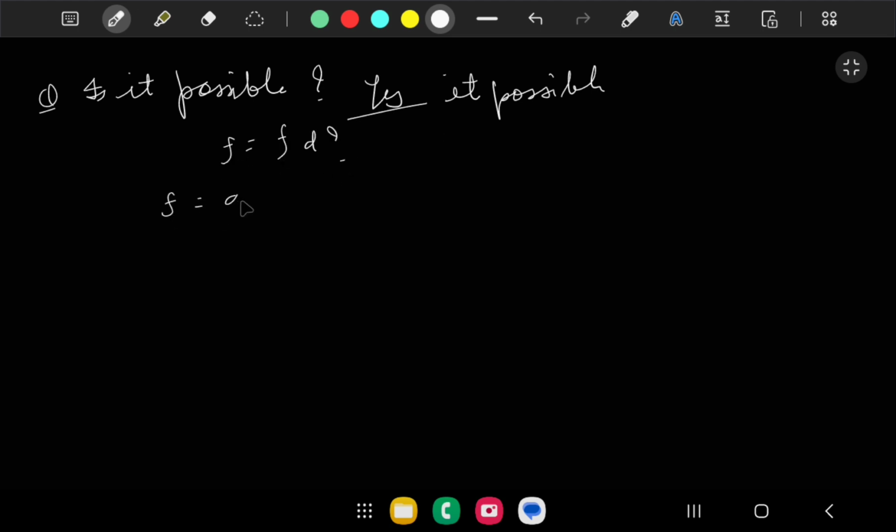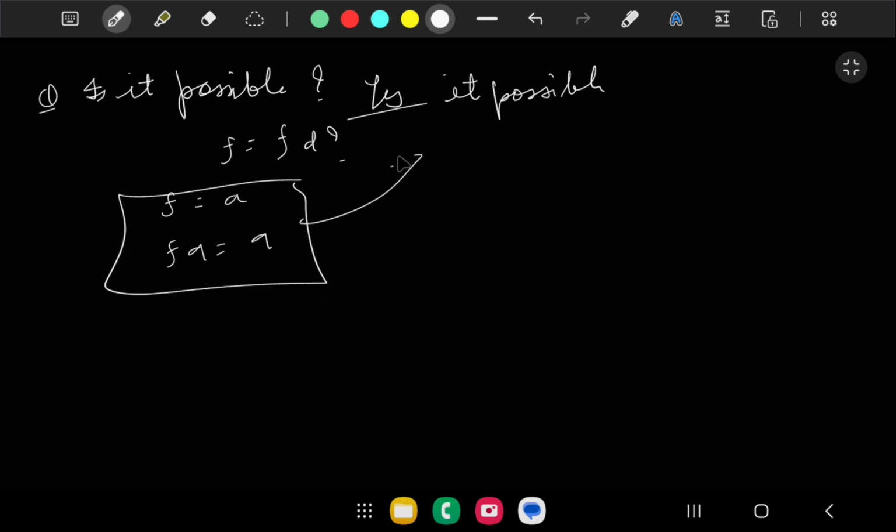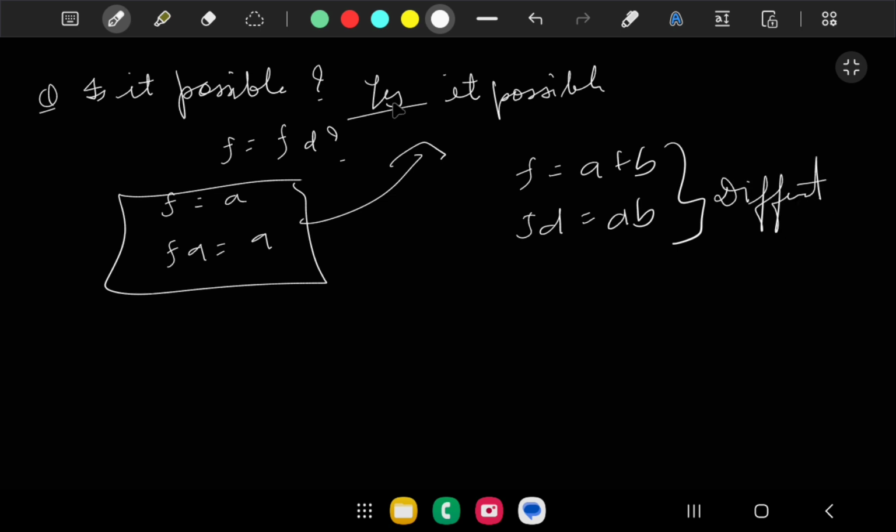If f equals a, then f dual is equal to a. It is possible, but not always. For a plus b, f dual is equal to ab. But here, this is different. Not always, but possible.